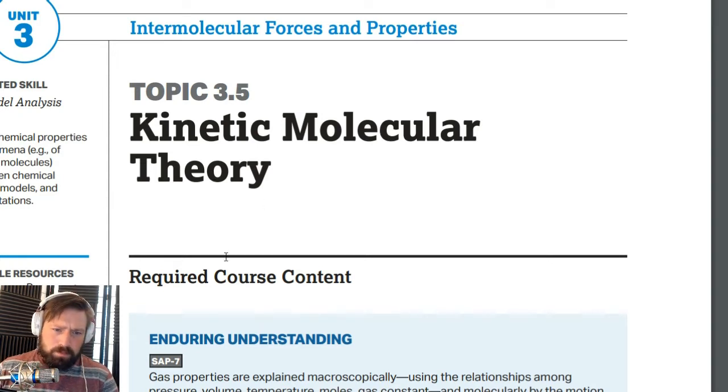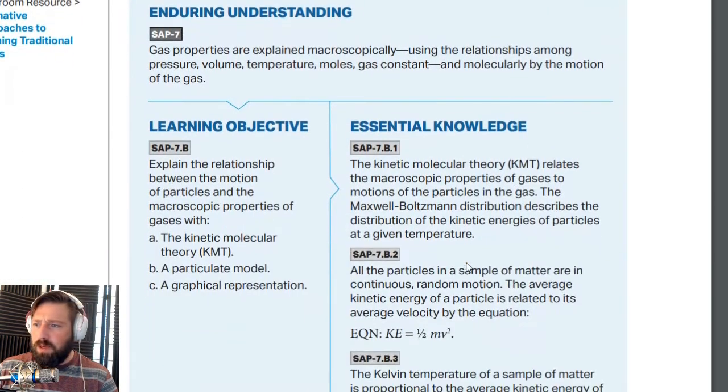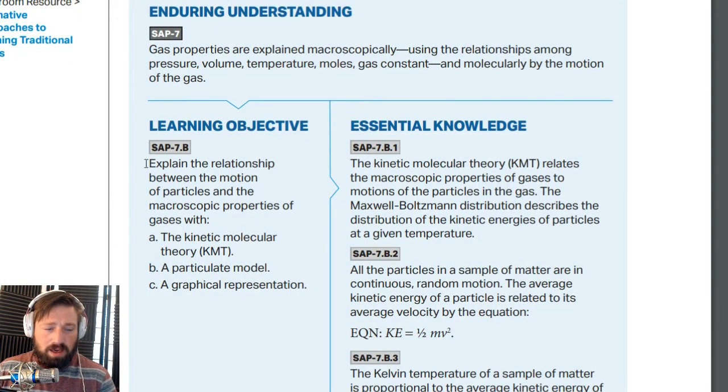So let's talk about what we are going to be learning about today. We're going to be looking at those particles. This is going to be us drawing those pictures, or looking at those little circle diagrams where you have a box and you draw circles, and circles represent atoms, all of that jazz.